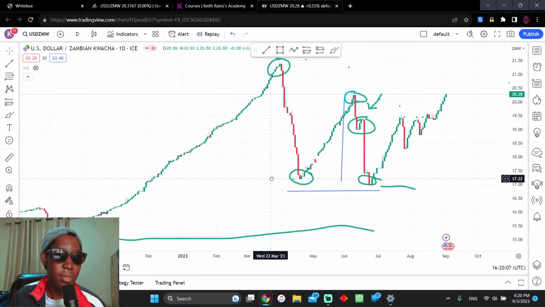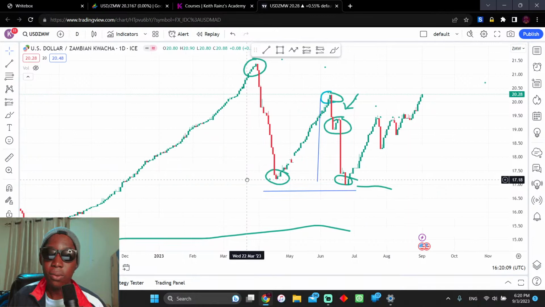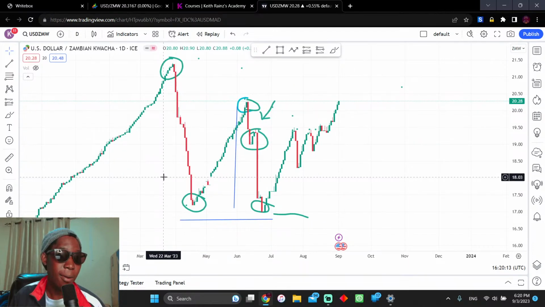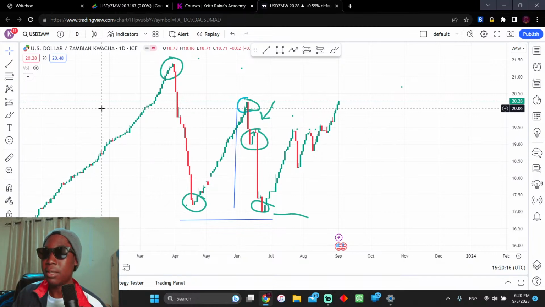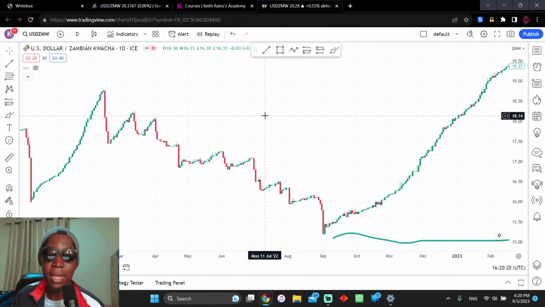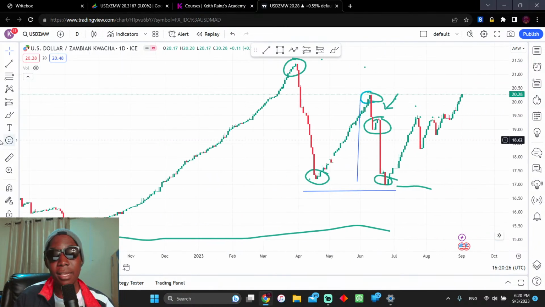The way this pair moves is that when it starts going up, it surely does go up, and when it starts coming down, it surely does come down. This is what makes this pair easy to trade, because it's not like other currency pairs that are very volatile. This one is less volatile and easier to trade.